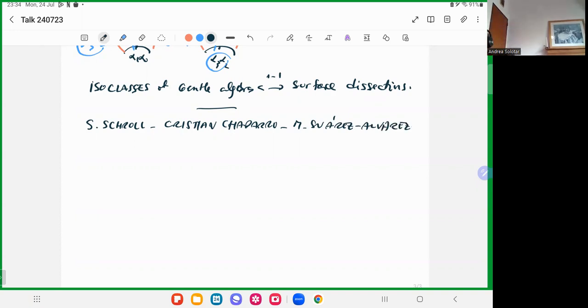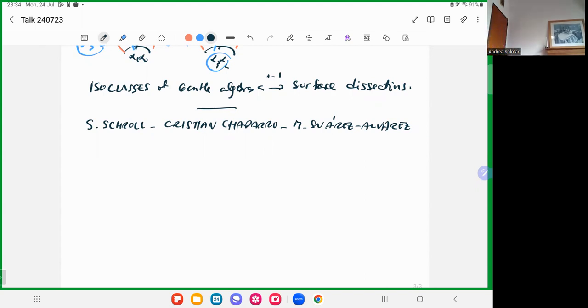We started the job of studying the cohomological and homological invariants and relate them with the curves in the surface that is obtained associated in this way to an algebra, okay?